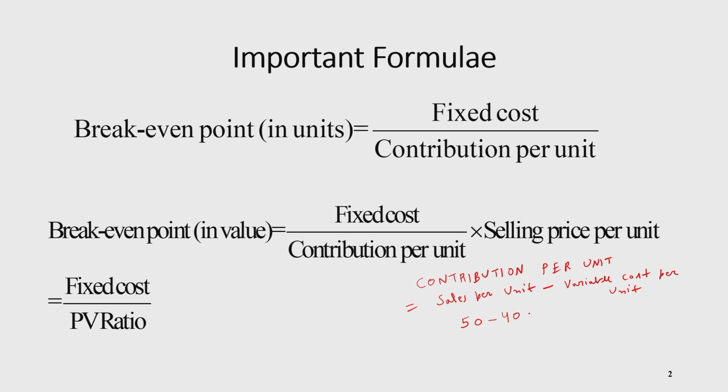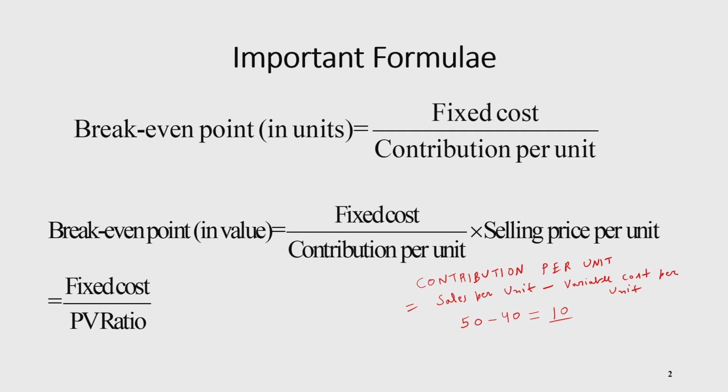So per kilometer you get a contribution of 10 rupees. That means 10 rupees excess, because you spent 40 rupees on fuel but charge the customer 50 rupees. So 10 rupees was extra, and it is called contribution because it will contribute to fixed cost.